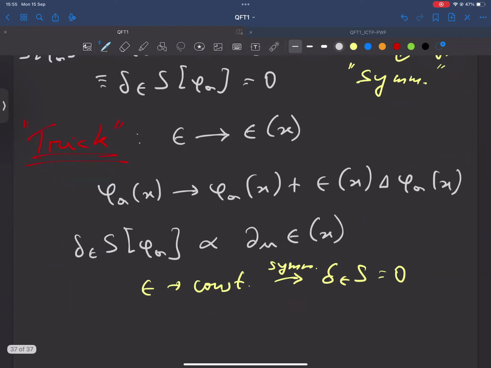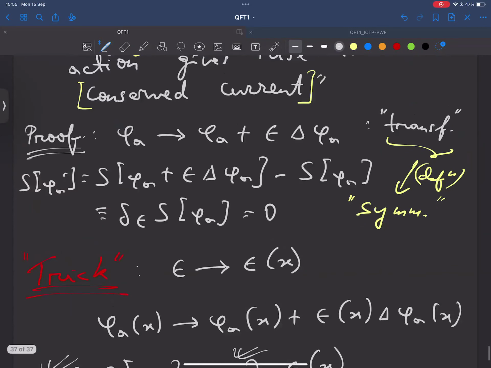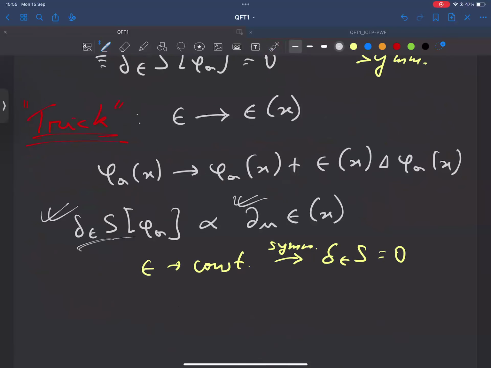Hence, at leading order, the variation in the action should be proportional to the derivative of epsilon, which we have now promoted to a space-time dependent object. By promoting it to a space-time dependent object, we have broken the symmetry that we began with. So the variation of the action should be proportional to the amount by which it breaks, which is the first derivative of it.